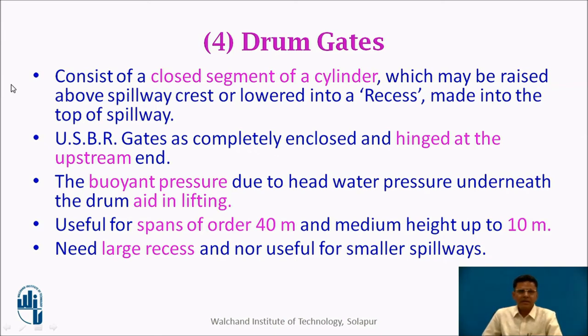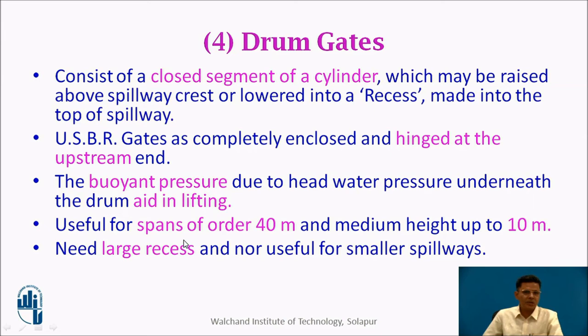The drum gate consists of a closed segment of cylinder which may be raised above the spillway crest or lowered into a recess made into the top of the spillway. USBR gates are completely enclosed and hinged at the upstream end, as I have shown you just now. The upward pressure due to headwater pressure underneath the drum aids in lifting of the gates.